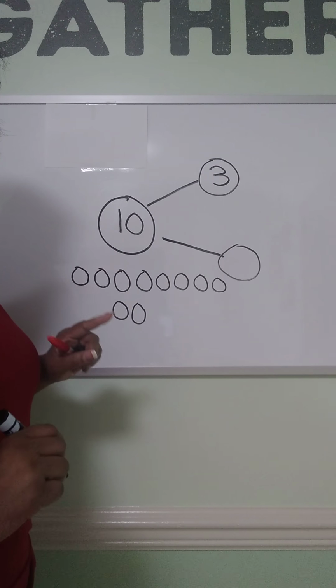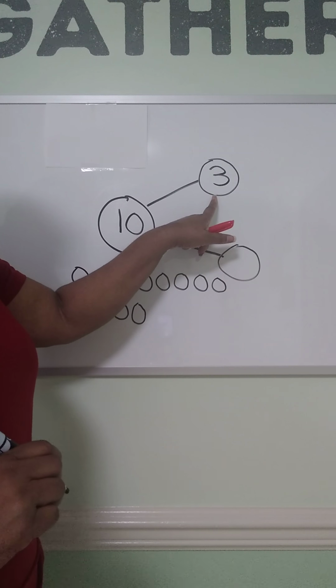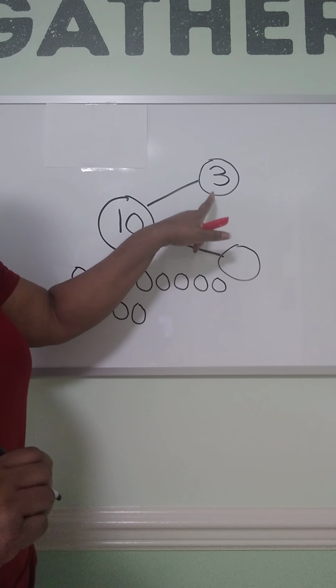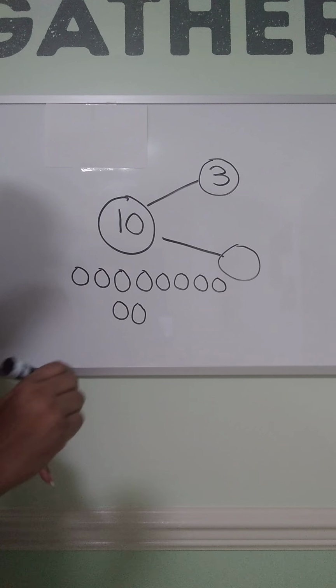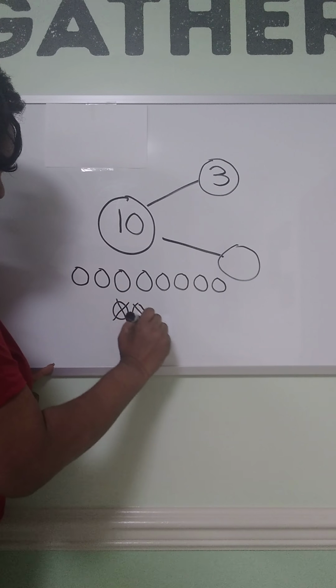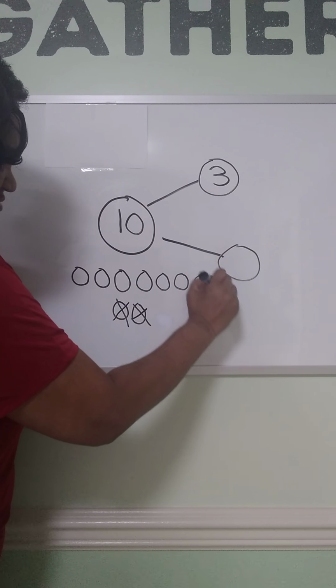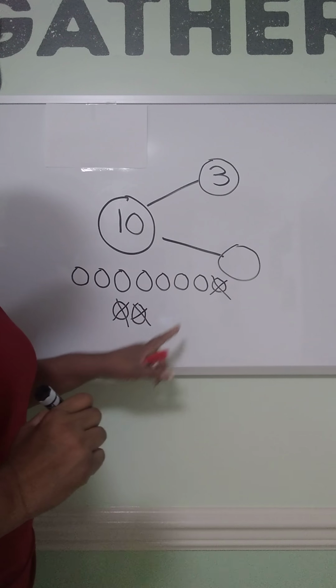That's our whole number, 10. Now we have a 3. So we're going to take away 3 circles and we're going to X them out. 1, 2, 3. So we've taken away 3 circles.